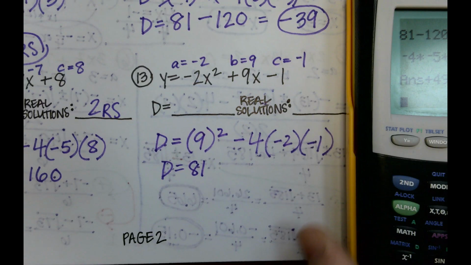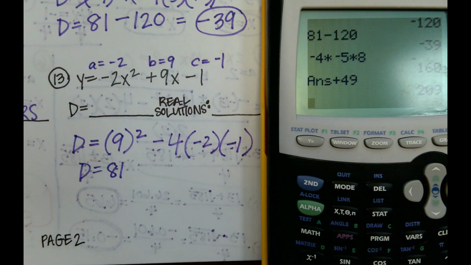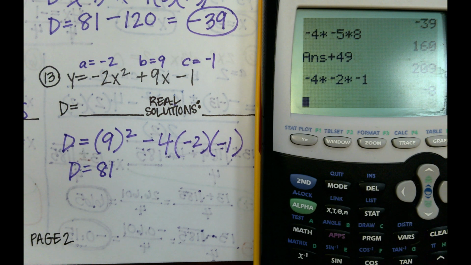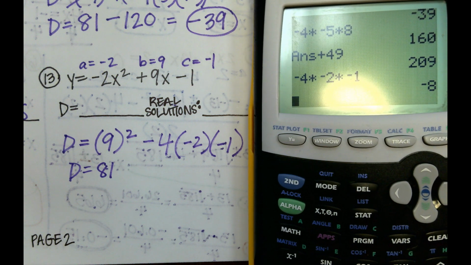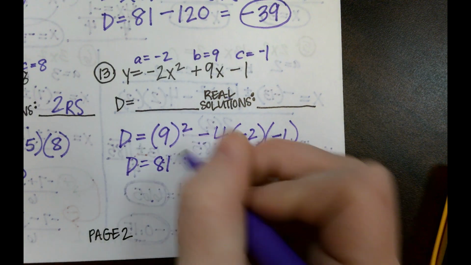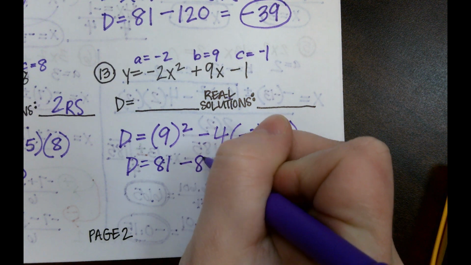So let's type that in our calculator too. If you're getting mixed up with your negatives, you can always rely on your calculator. Negative 4 times negative 2 times negative 1. Negative 8. We were right. Okay, so I have 81 and minus 8.